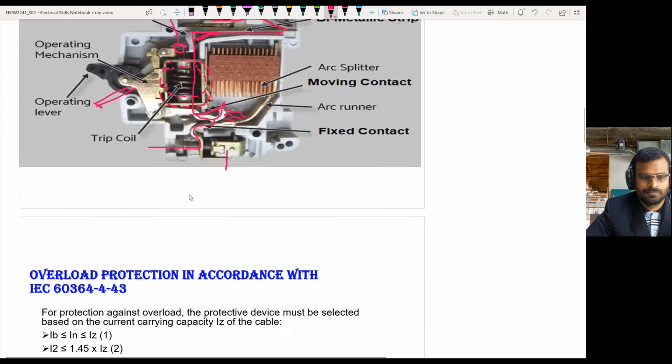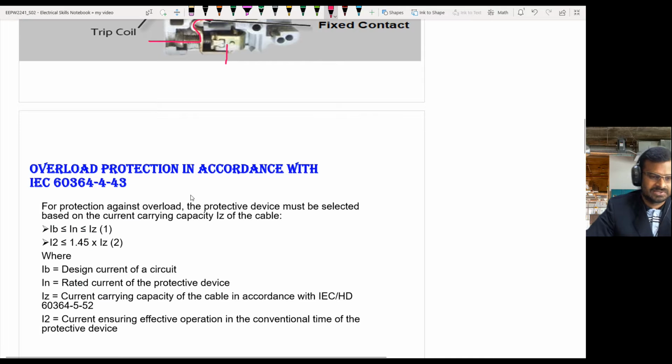Let us now see some standards with respect to overload conditions. Then we will go to the next points. This overload protection in accordance with IEC standards is given here. There are some terminologies given in these points: IZ, IN, IB. What is IB?